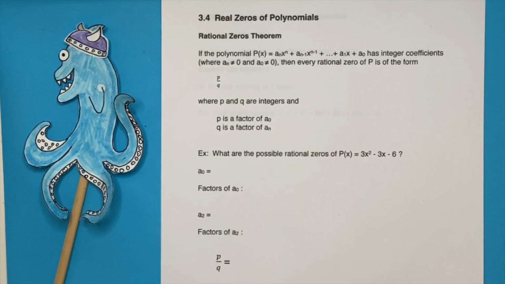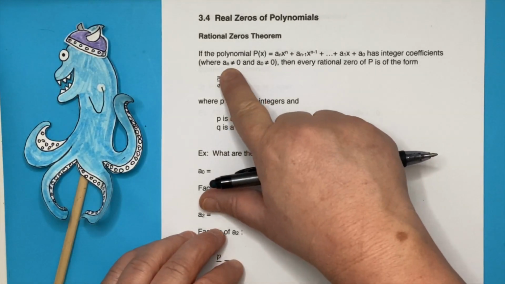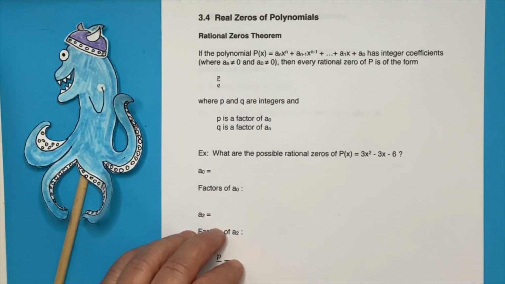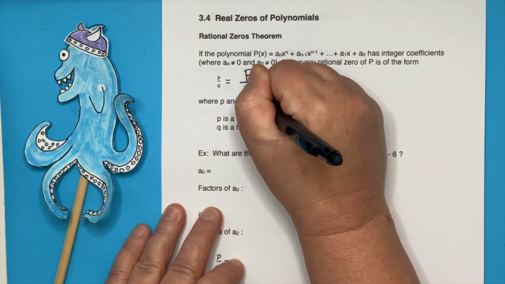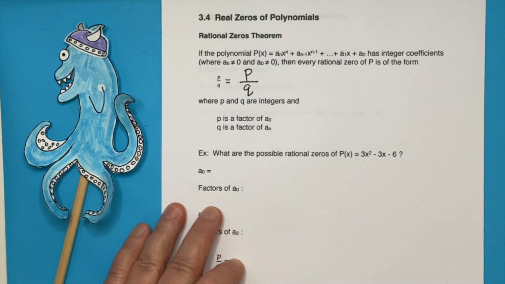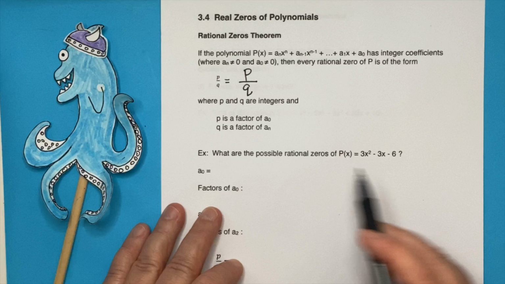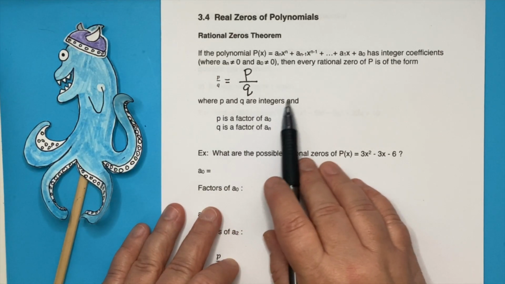Then every rational zero of p is of the form p over q. This is a pretty standard setup. And p and q are integers.